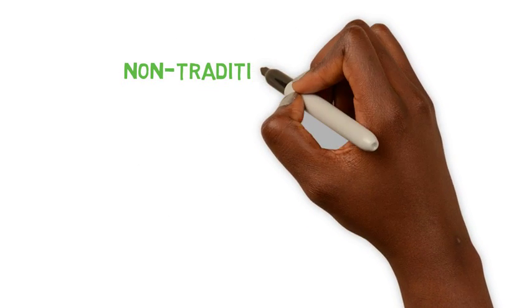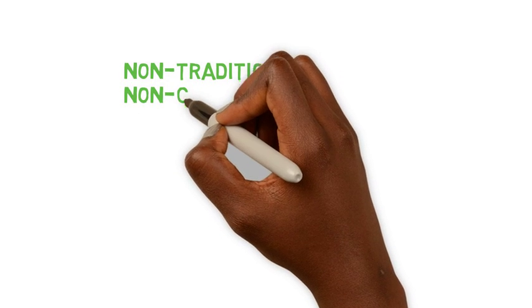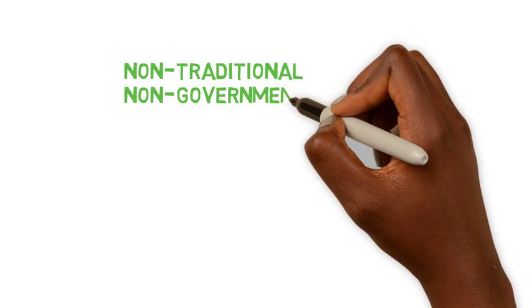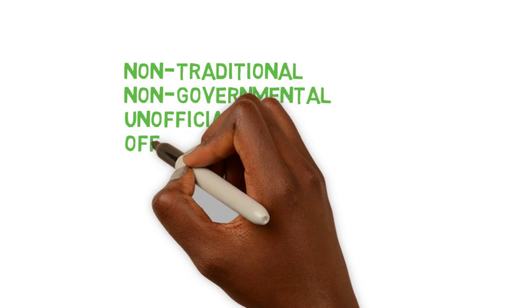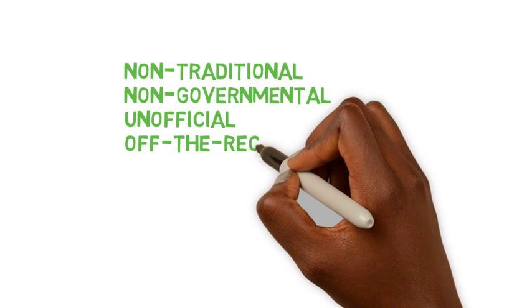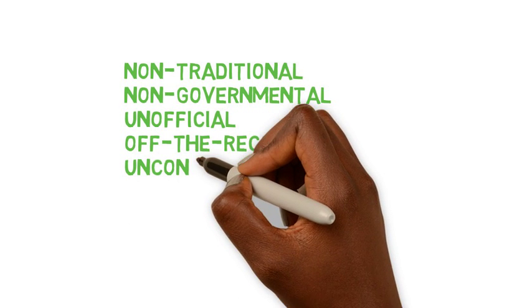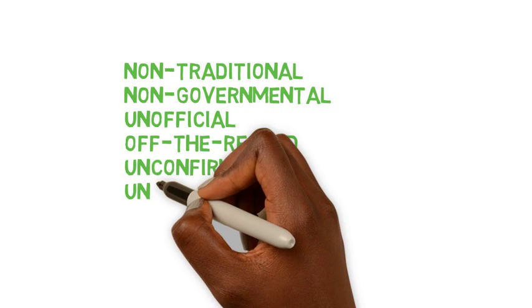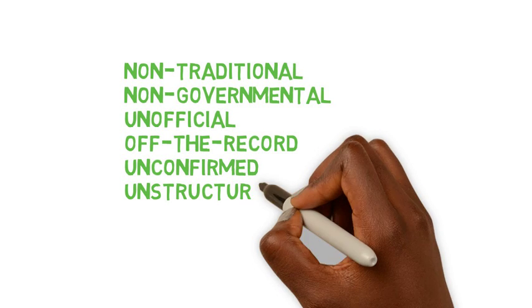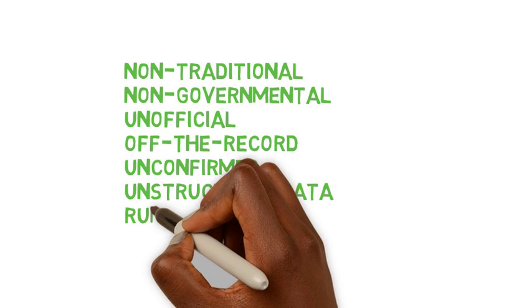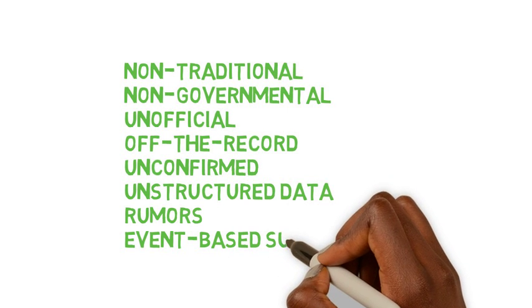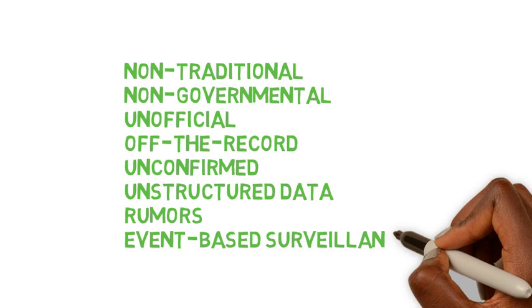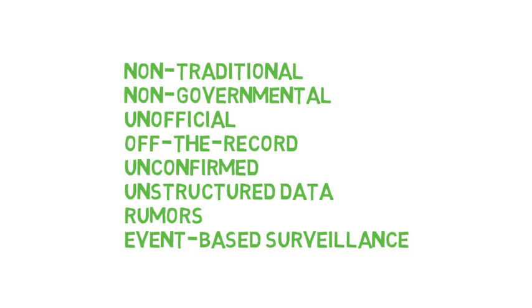Across the world, different terminologies are used when talking about innovative disease surveillance, but they're all synonymous. For example, as we just mentioned, innovative disease surveillance includes using informal information sources, a term that may also be referred to as non-traditional, non-governmental, unofficial, off-the-record, unconfirmed, unstructured, rumored, and event-based surveillance.